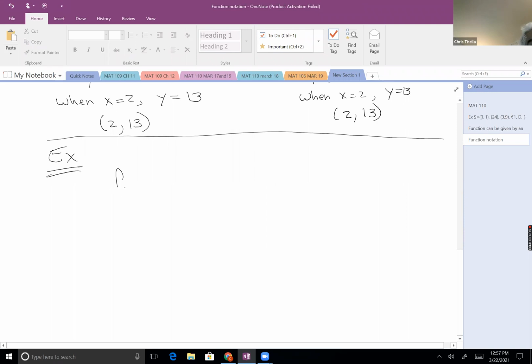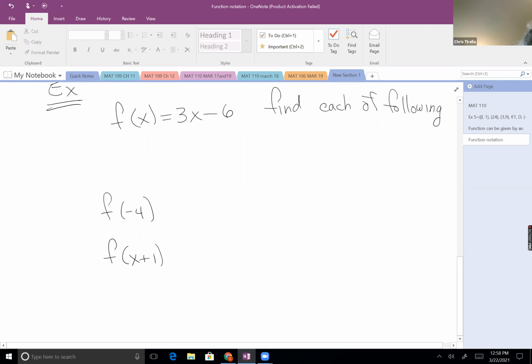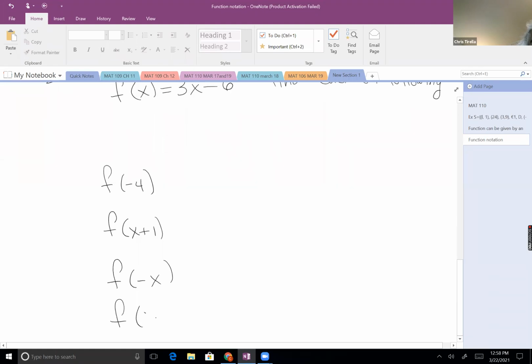This time, let's say f of x is 3x minus 6, and we want to find each of the following. I want to find f of negative 4. I want to find f of x plus 1. I want to find f of negative x. And then let's also find f of 7.